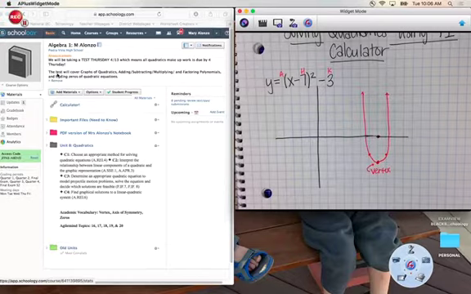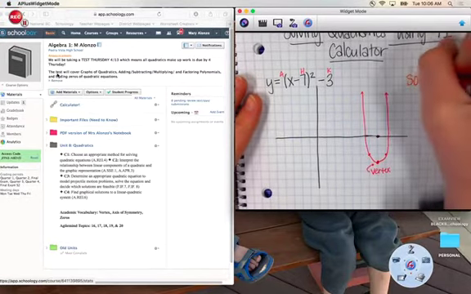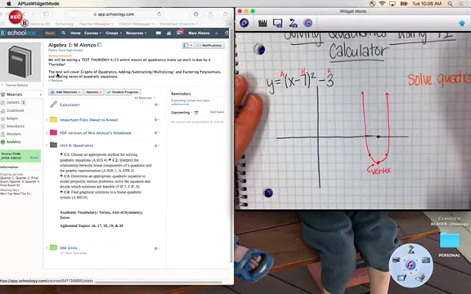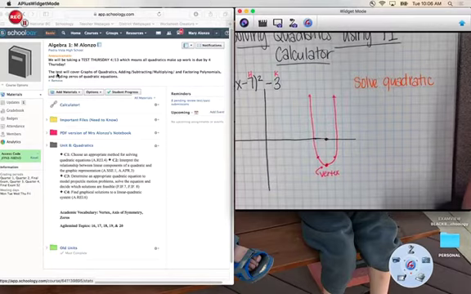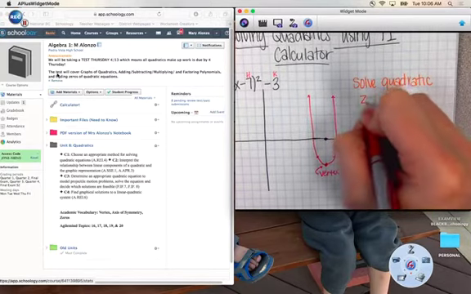Now, to solve a quadratic, you need to find the zeros.